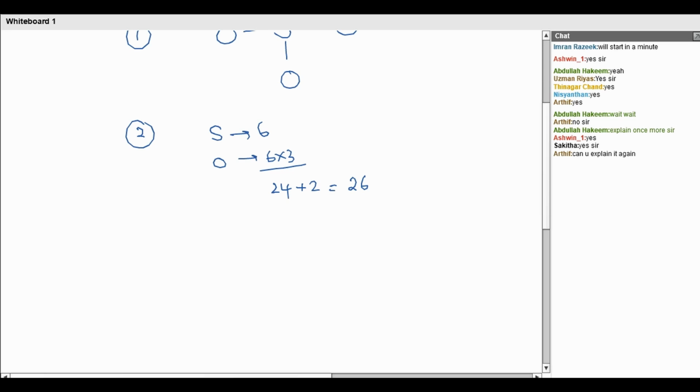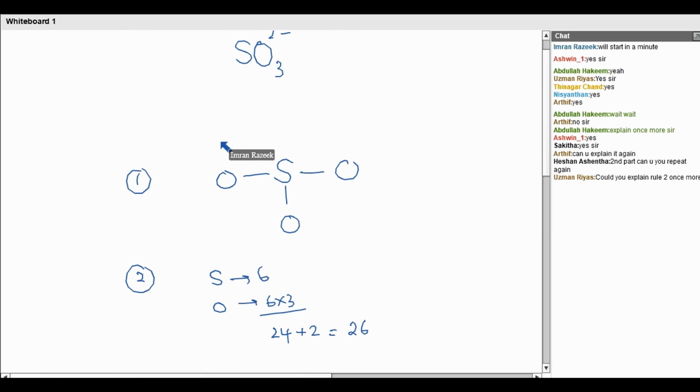Right, the third rule. Now see, we know a chemical bond is a shared electron pair, a covalent bond. Because we are studying structures, when I say shapes or structures, I am referring to only covalent molecules. Ionic compounds exist as giant crystal lattice structures.